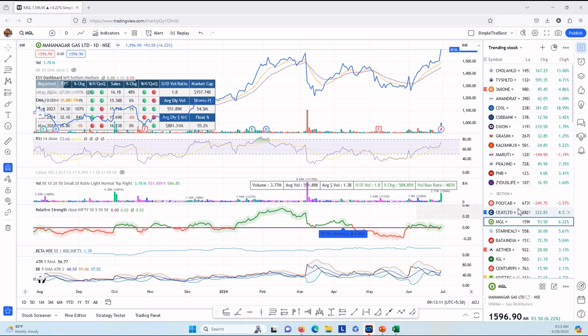So I'll go one by one and try to evaluate which one is good for us, and really has intrinsic potential based on my trading system. This is one of my trading systems, called Techno Funda.